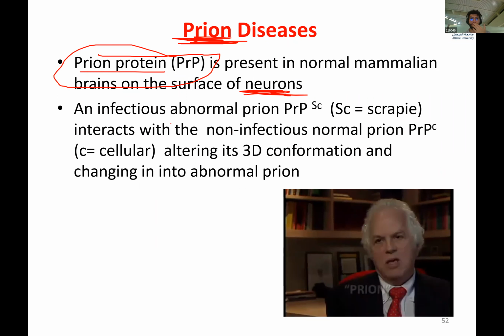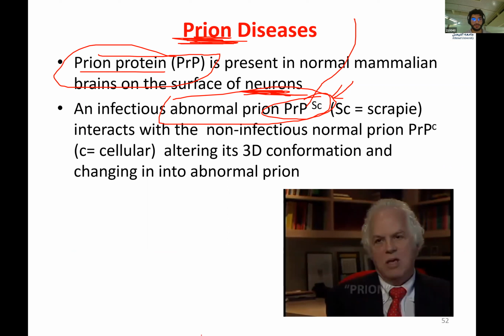What happens is, for some reason, there's an abnormal prion protein. It's also referred to as prion protein scrapie, or PrPSc. This protein comes and nudges the other normal looking prion proteins. When it nudges them, it converts them into the other.